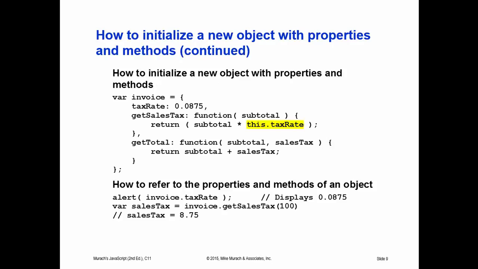In the next example, the invoice is initialized with a property and with two methods. After you create properties and methods for an object, you can use them just like you'd use properties and methods of any object, like the number or any other objects. So you can again use either the dot operator or the brackets to refer to the properties and methods.